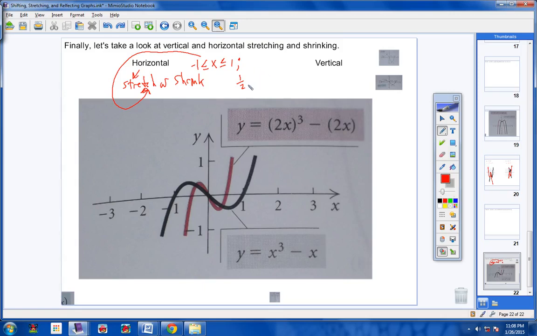They're fractions, so you would think it would shrink, but that's not the case, okay? When you have a number that is between -1 and 1, it actually stretches it. Now, we're not going to break out our calculators and do some multiplying and prove all this, but trust me, it's true.